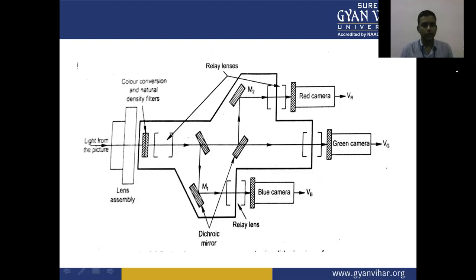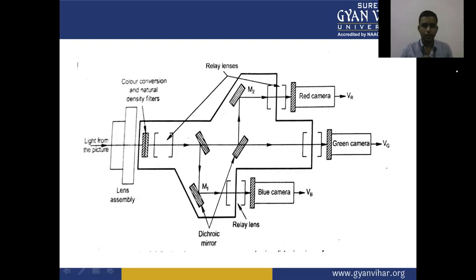Then we have the dichroic mirrors, and these mirrors convert the light from the picture into three outputs, that is the red camera VR, green camera VG, blue camera VB.